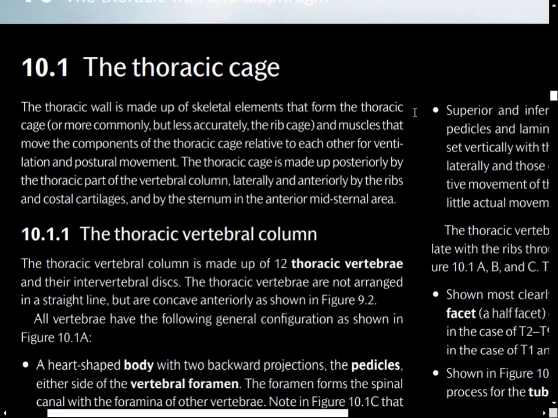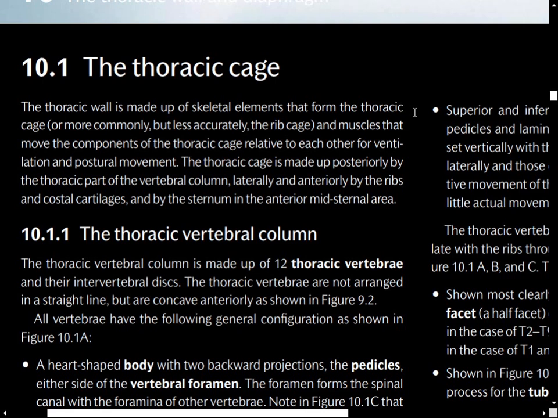The thoracic vertebral column is made up of 12 thoracic vertebrae and their intervertebral discs. The thoracic vertebrae are not arranged in a straight line, but are concave anteriorly.